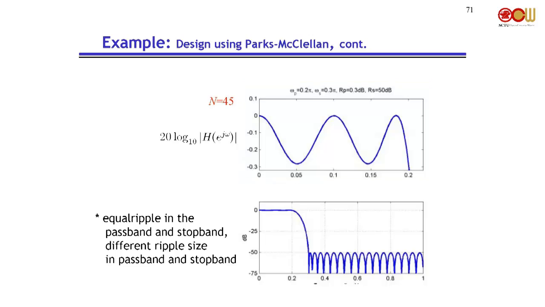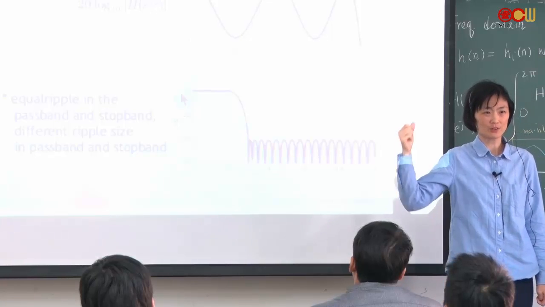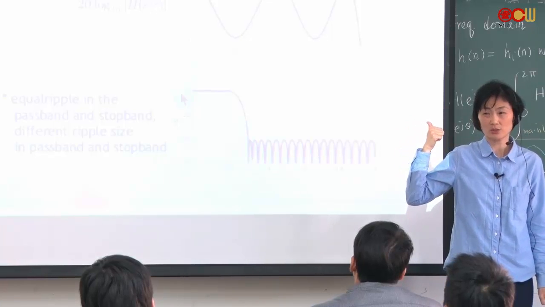Okay, and here's the magnitude response using the Parks-McClellan algorithm. It also has an order estimation formula, and we can use it to estimate the order. And the order that's needed in this case, N is equal to 45. What is the order that's needed for such a specification in the Kaiser Window example?